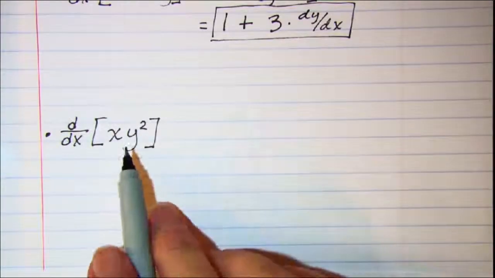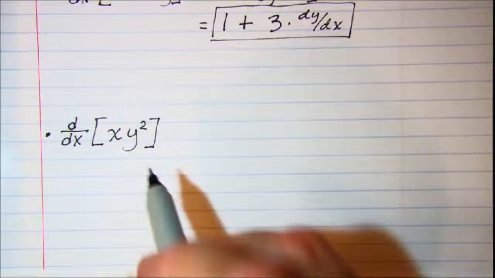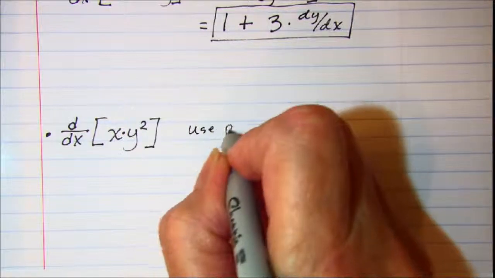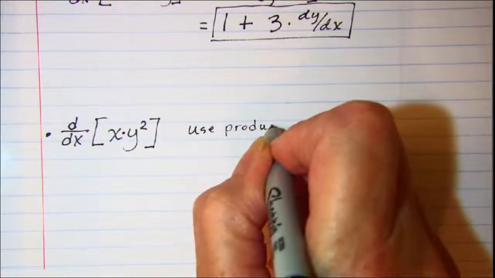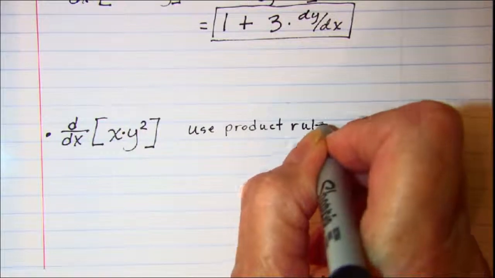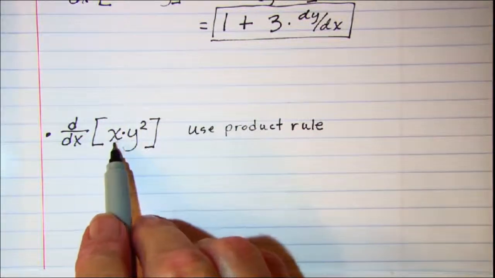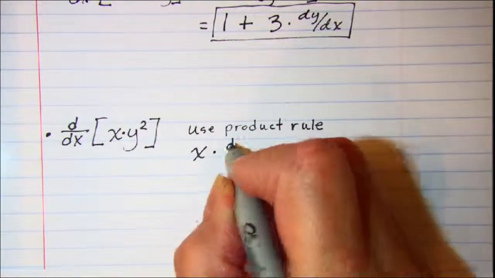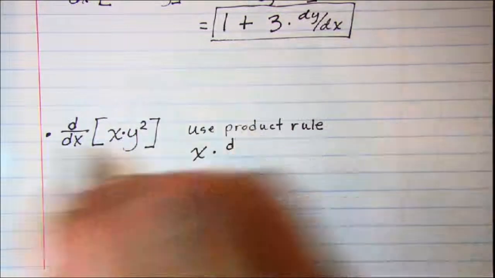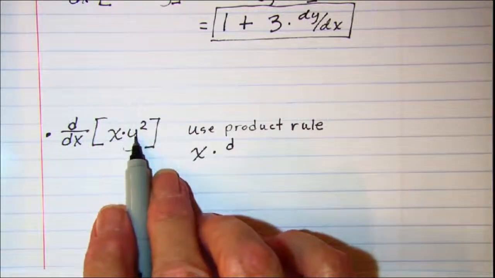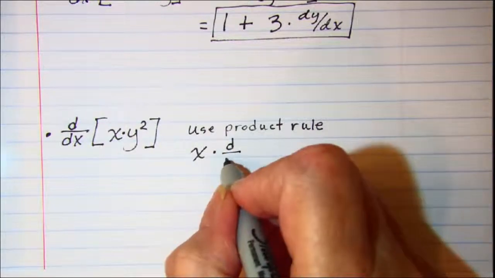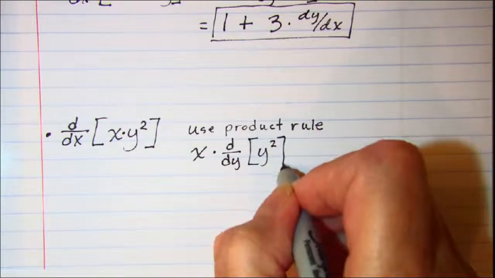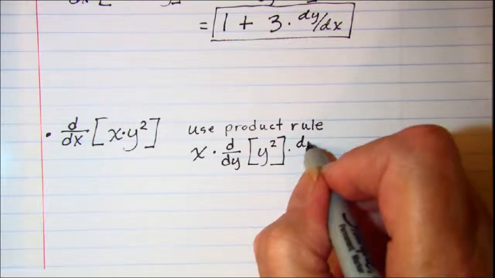Let's do another one. Notice on this one we're differentiating a product, so we have to use the product rule. So we take the first function, x, times the derivative of the second function, and that one is a y factor, so I have to differentiate with respect to y, and then multiply that by dy dx.